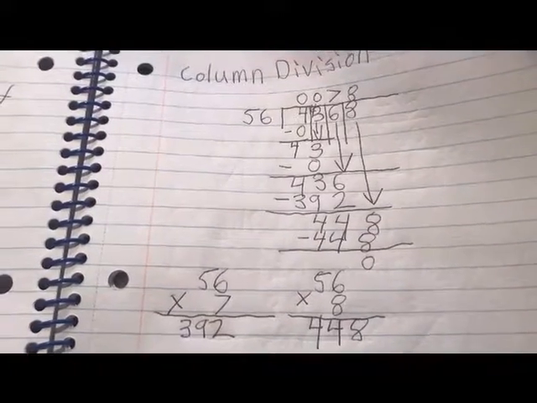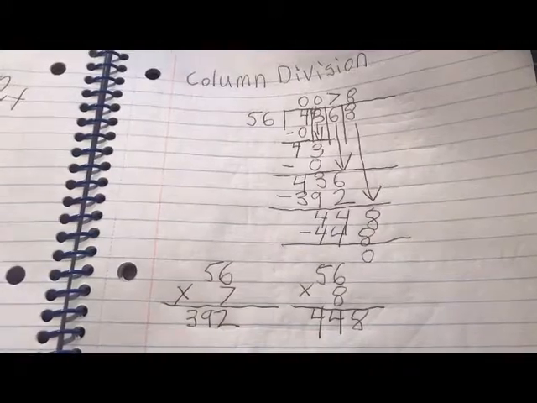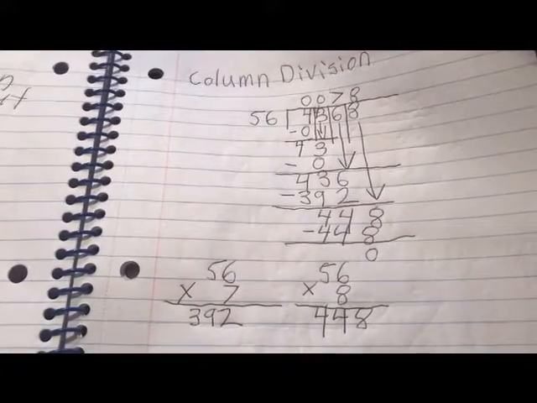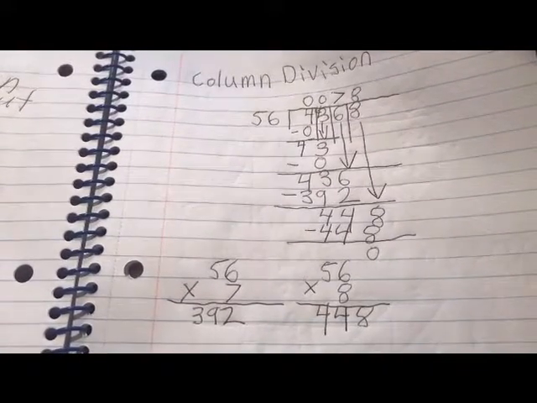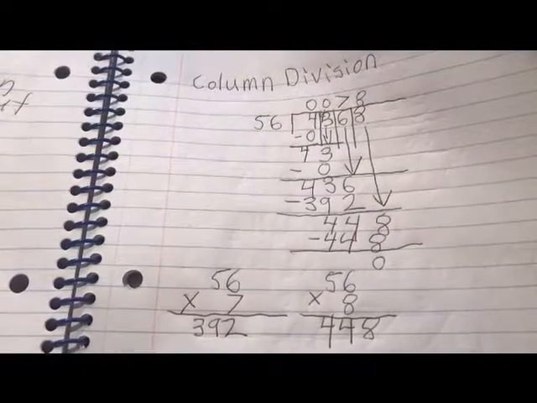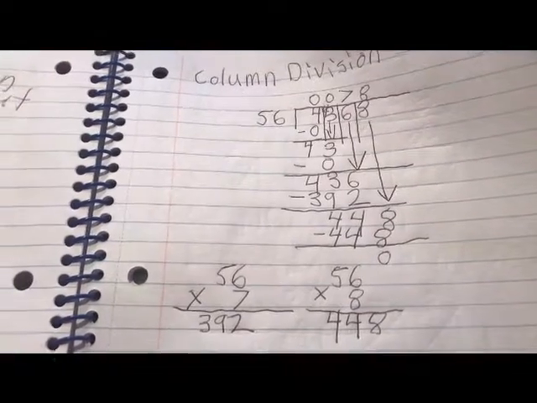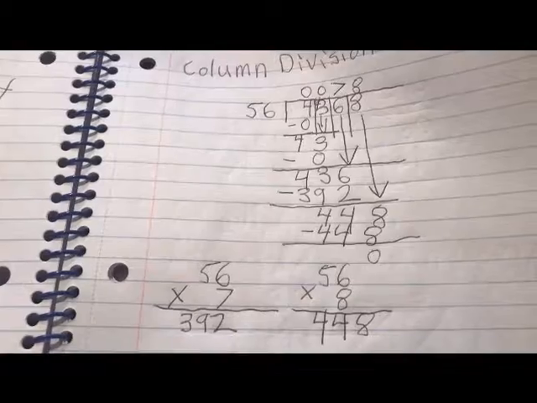This is column division. It is one technique to do division. So this problem is 4,368 divided by 56. Using this technique, the first thing you do is ask, how many times does 56 go into 4?